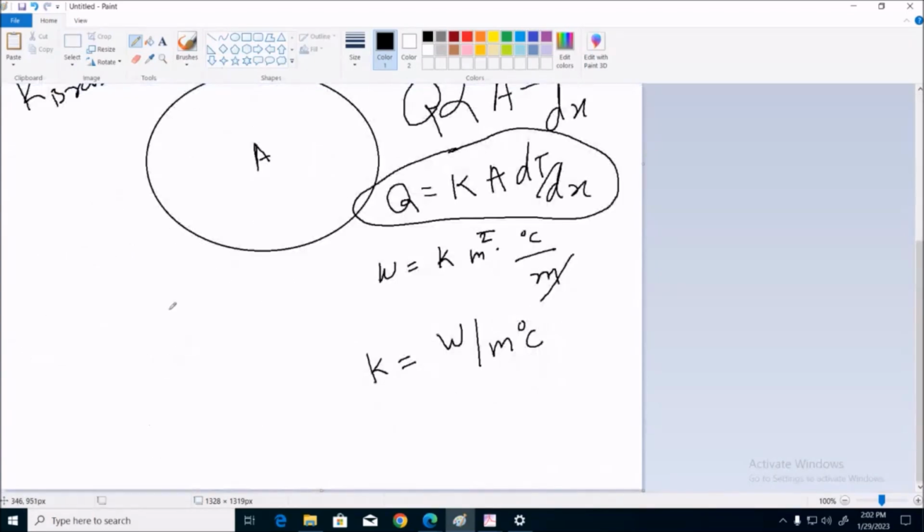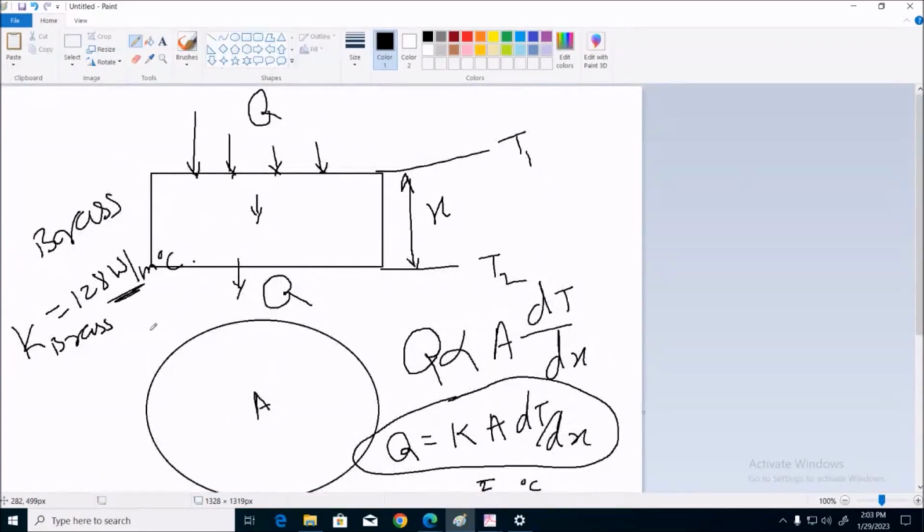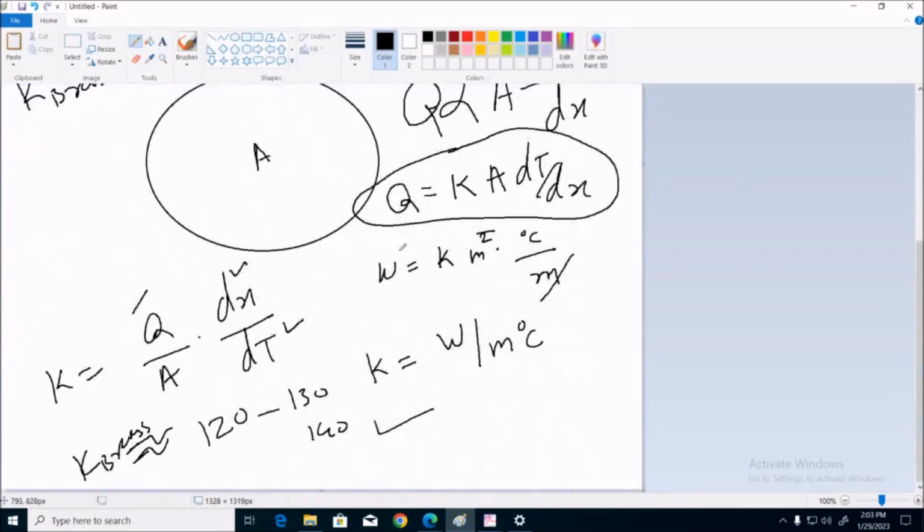K is Q by A, dx by dT, where Q is heat flow, A is area, and we need length and temperature. If you calculate K by this formula and get an answer around 120 to 140, then the calculated thermal conductivity of brass and the standard value from the table are the same, and we can say Fourier's law of heat conduction is verified.